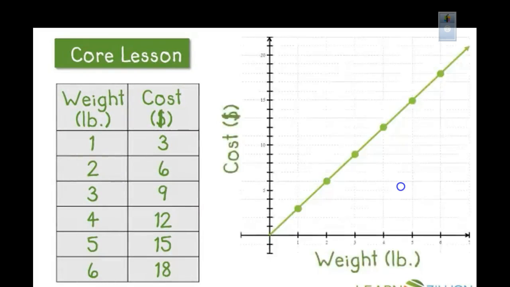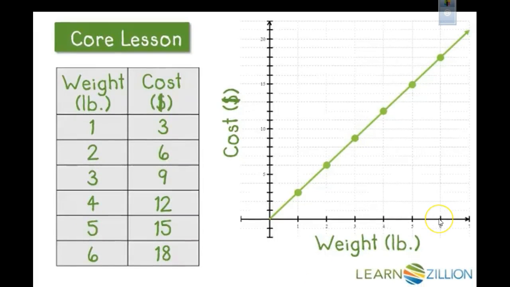Suppose you have a table and a graph of a proportional relationship. Let me show you 3 very important ways to find the unit rate, all 3 of which are important. Since a unit rate means the number of dollars for 1 pound or the number of y's for 1x, you can just find 1 in the independent variable column or on the graph and then see what corresponds to it. From either the table or the graph, you can see that the corresponding number is 3, so the unit rate is $3 per pound.